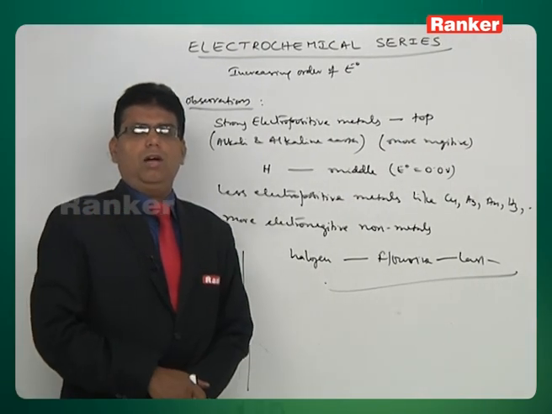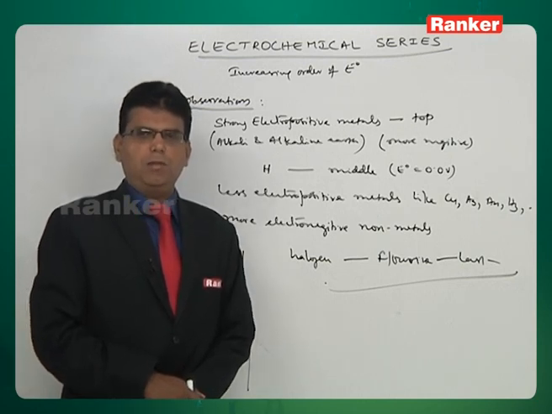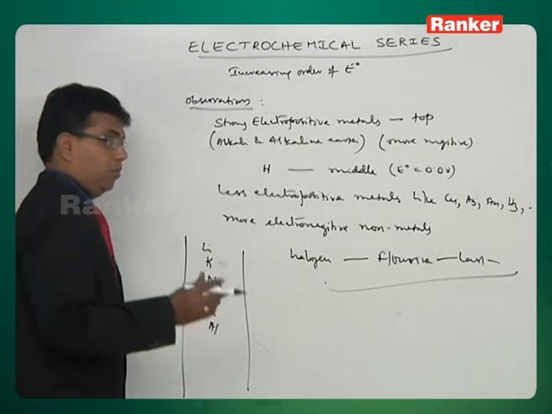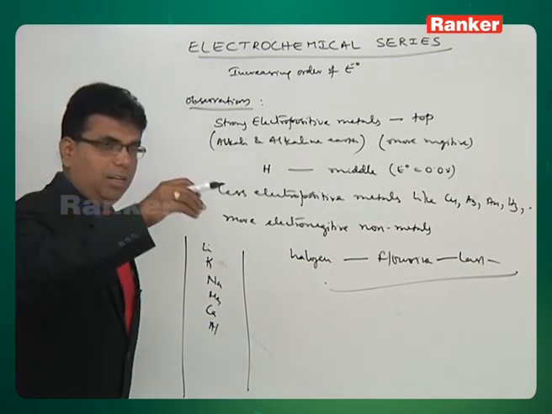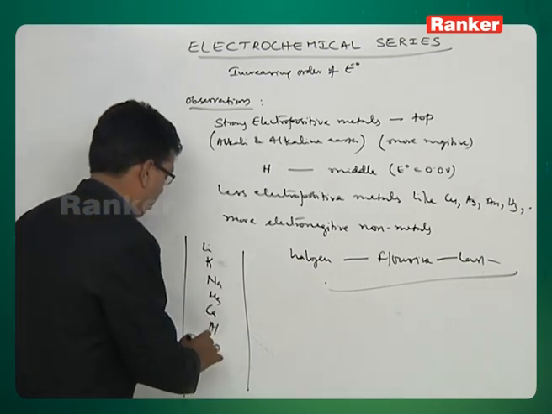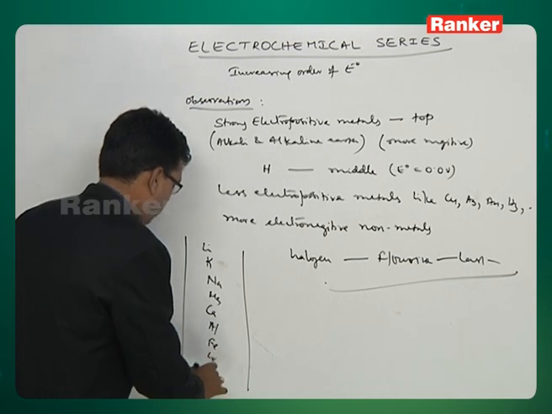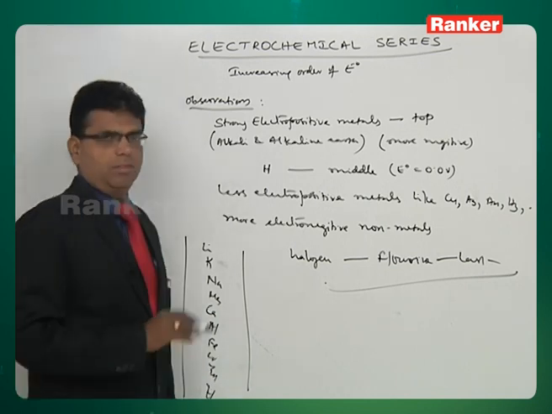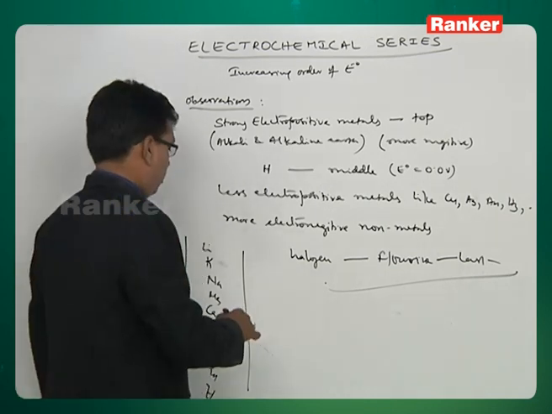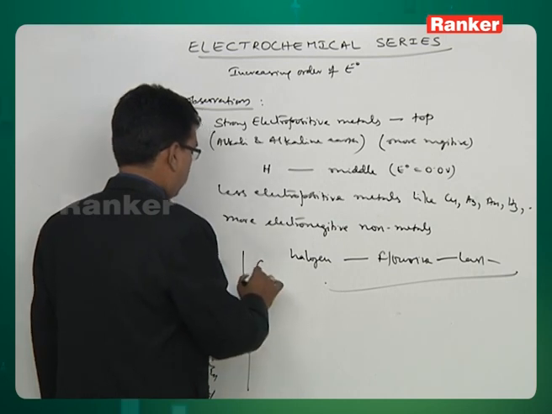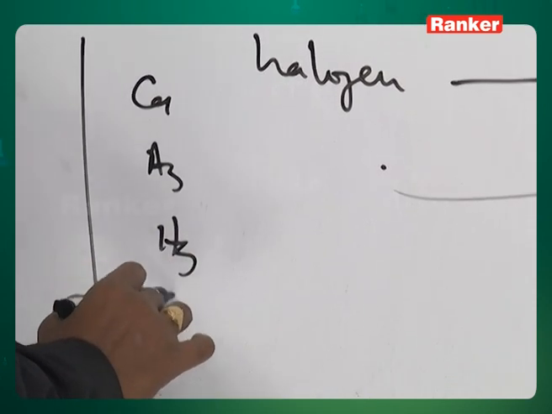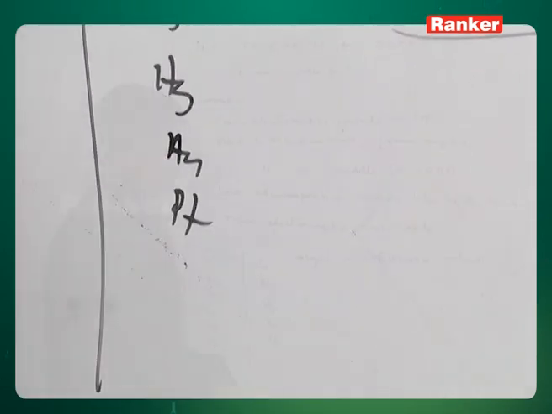So, highly electropositive alkali metals, followed by a few alkaline earth metals, followed by a third group metal like aluminium, followed by electropositive metals in the d block, that is iron, chromium, zinc, followed by hydrogen at the middle, then copper, silver, mercury, gold, platinum.